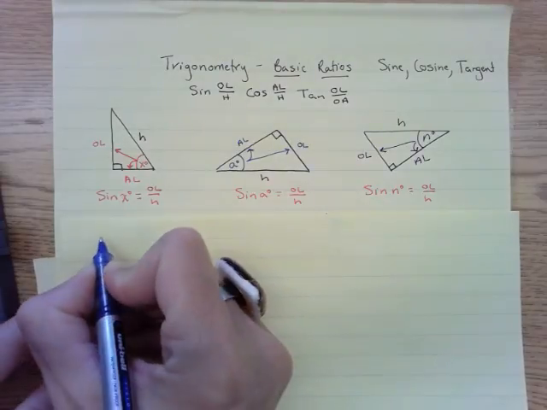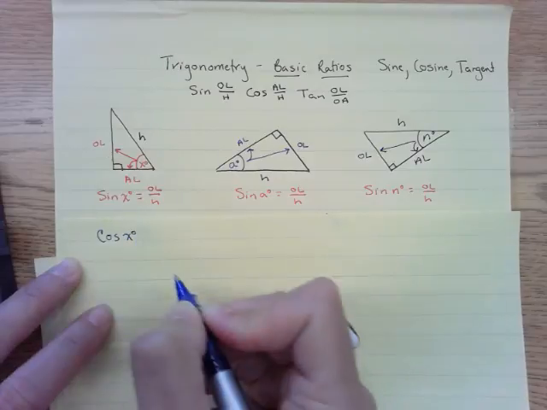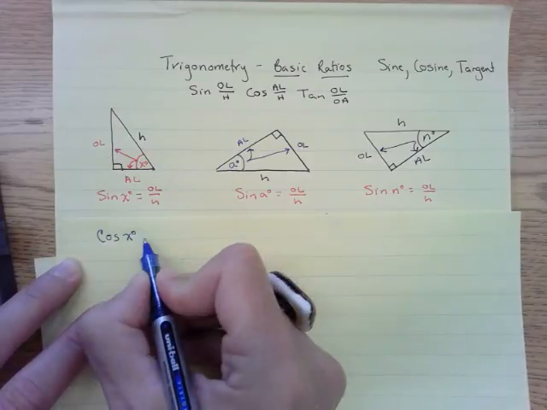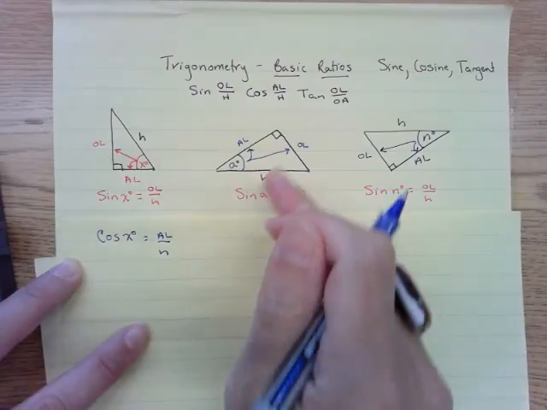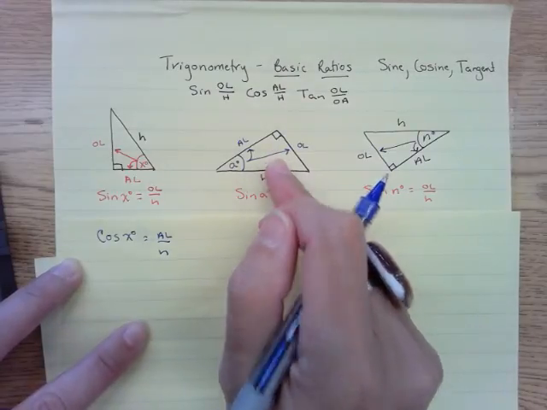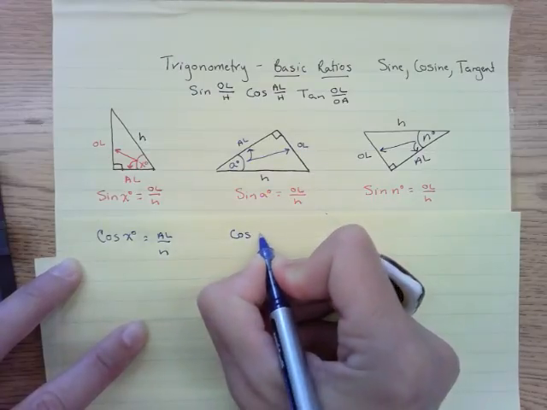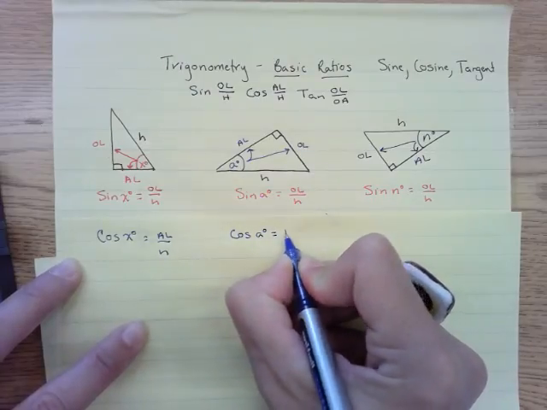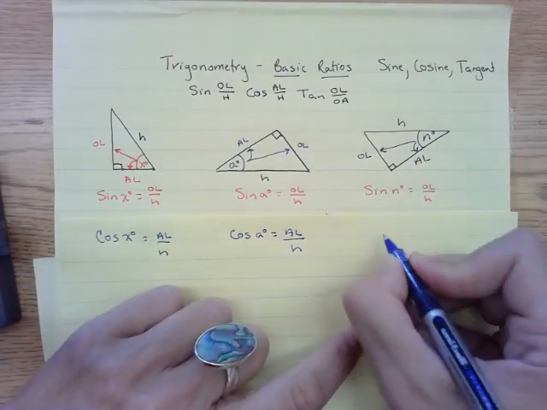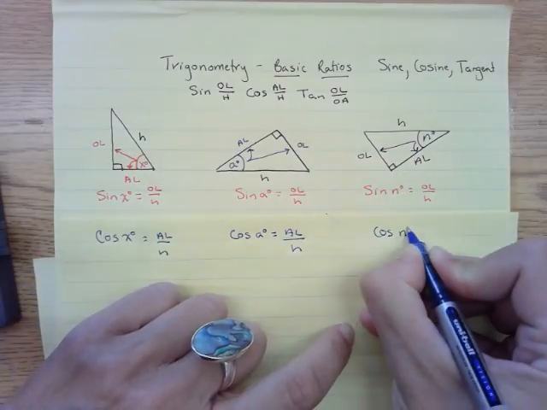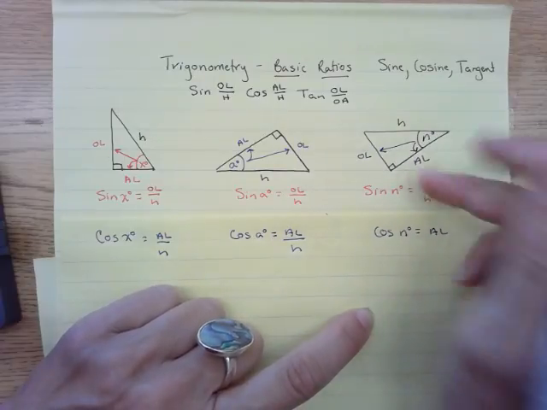The cosine of x degrees is the adjacent leg over the hypotenuse. Again, the cosine is the adjacent leg. Cosine of a degrees equals adjacent leg over the hypotenuse. And the cosine of n degrees equals the adjacent leg, the guy next to it, over the hypotenuse.